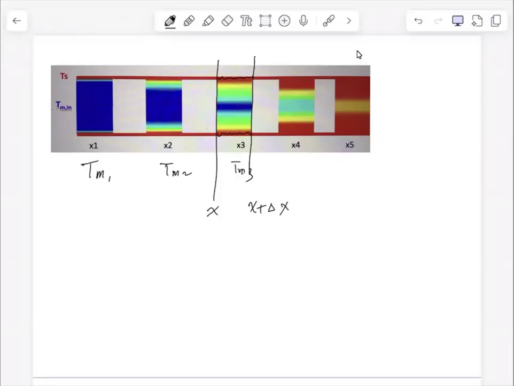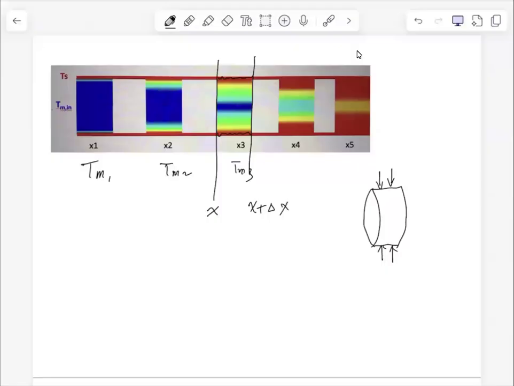If I draw a diagram of this thin slice, it would be something like a very thin disk. The heat transfer will be through the edge surface area of this thin disk. And of course, the left side is x and the right side is x plus delta x.